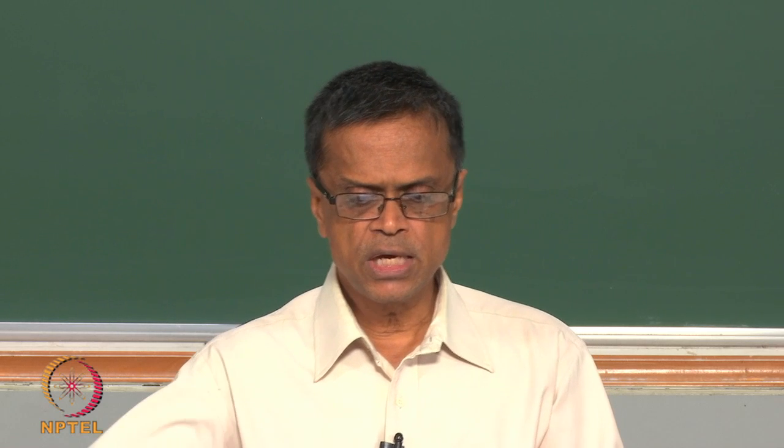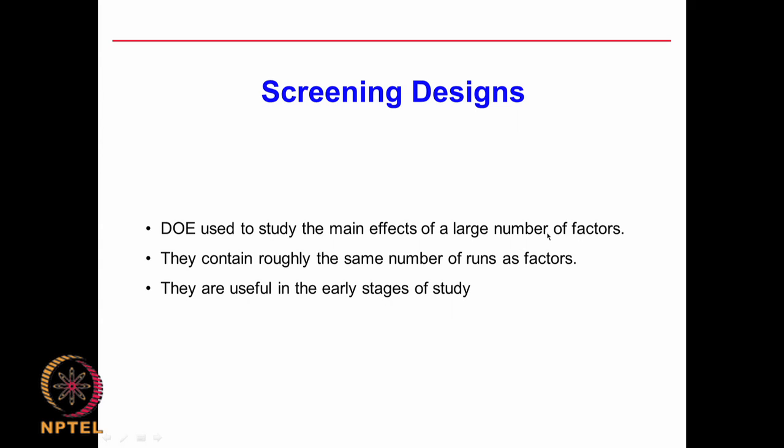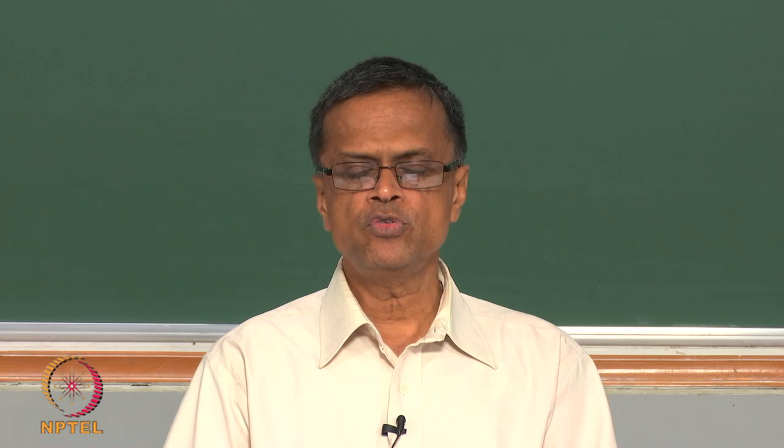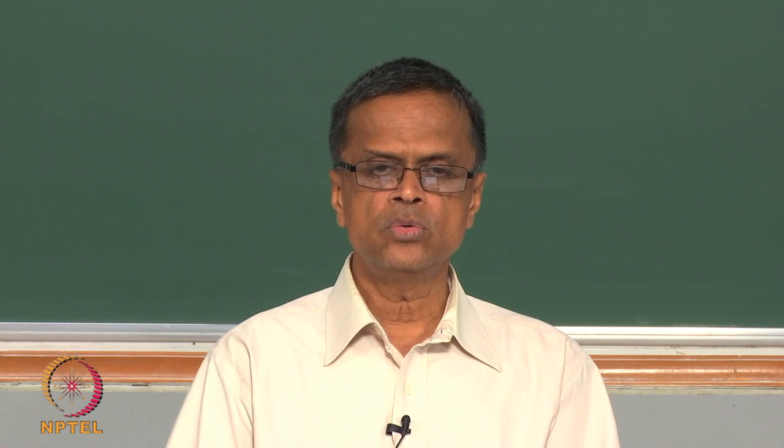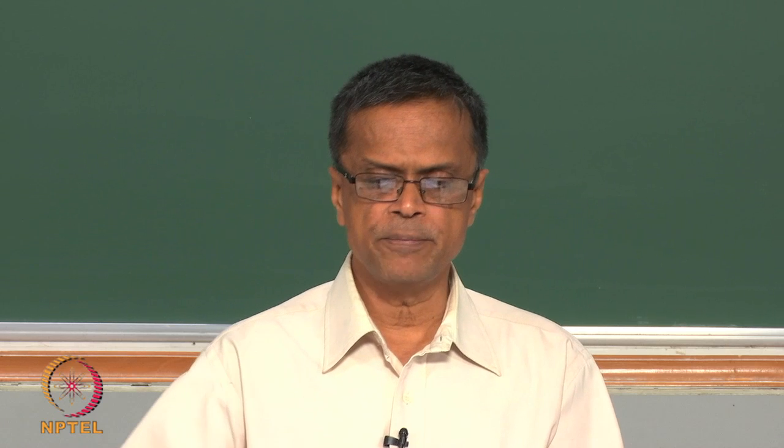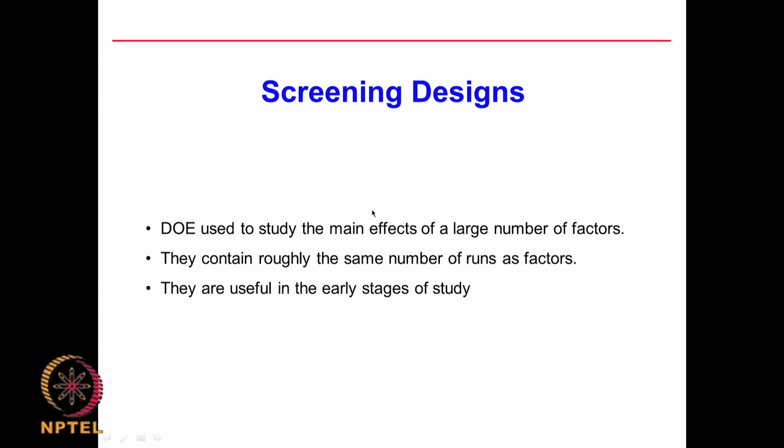So, in screening designs we take a large number of factors, we are more interested in only main effects, we are not even interested in interactions. We perform only a few experiments, get the main effects, then take only the few important ones and go and do a detailed design, okay, that is called screening design.